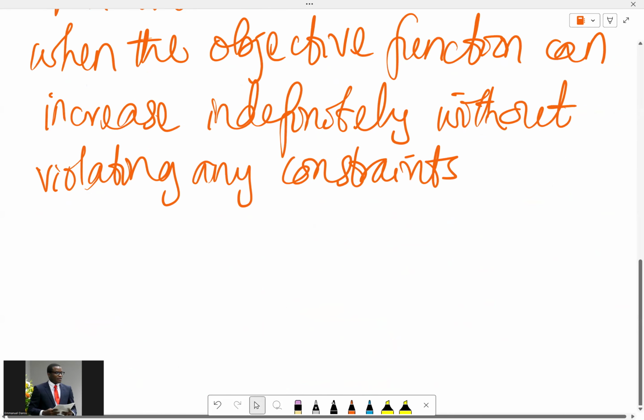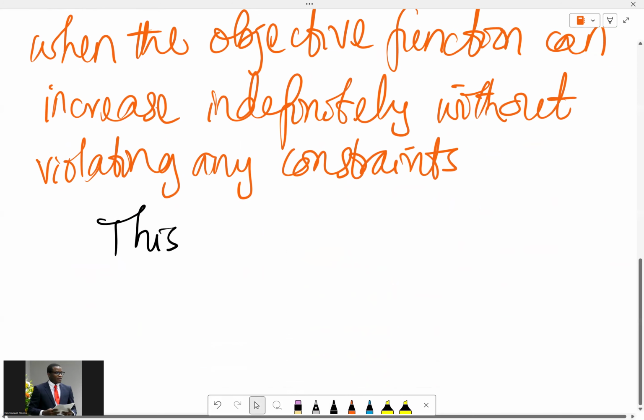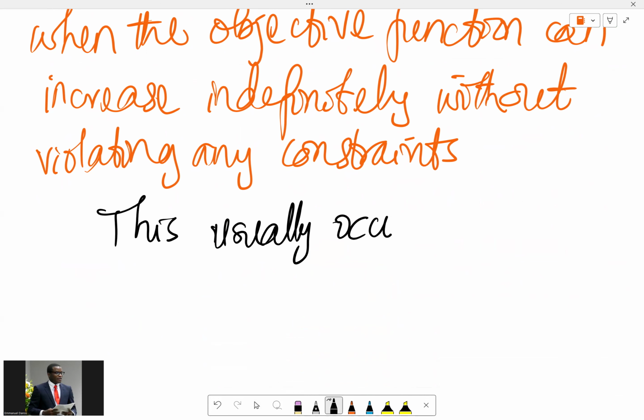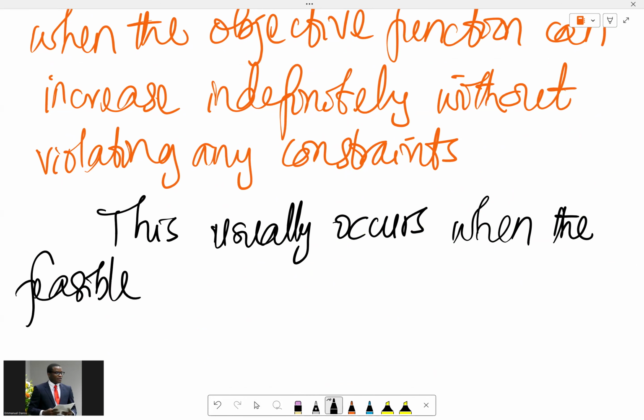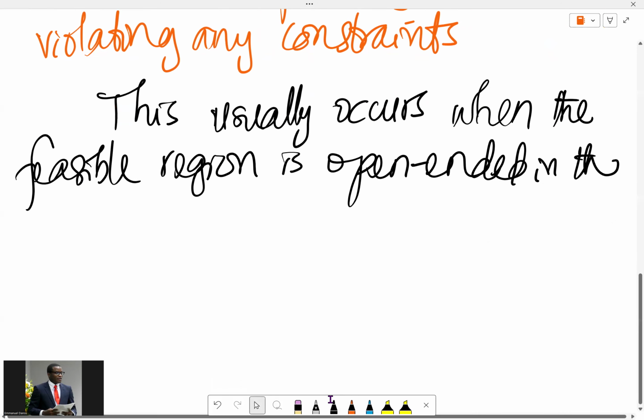Now, this usually occurs when the feasible region is open-ended in the direction of optimization.